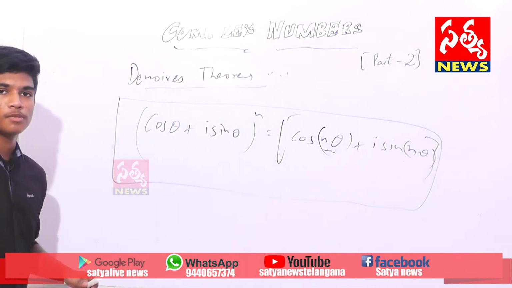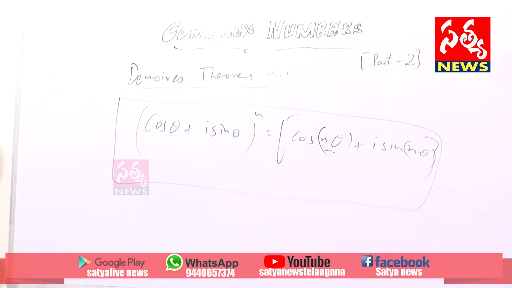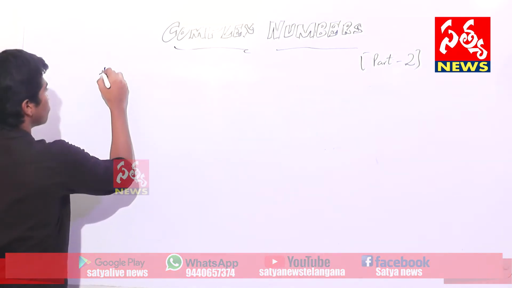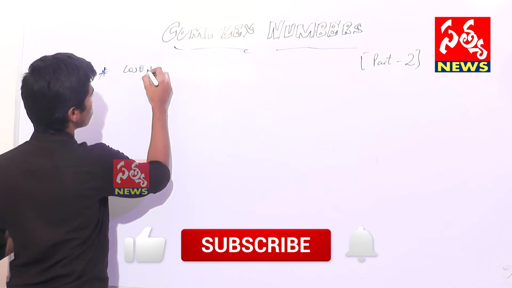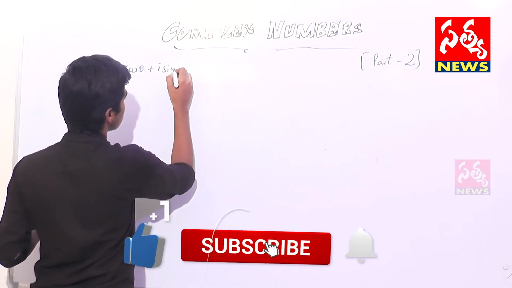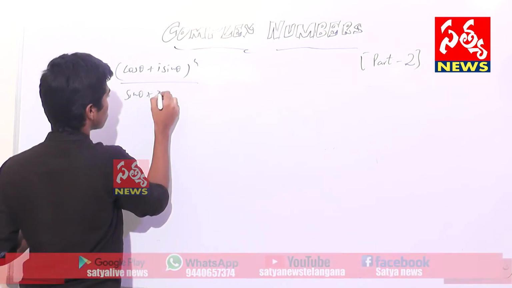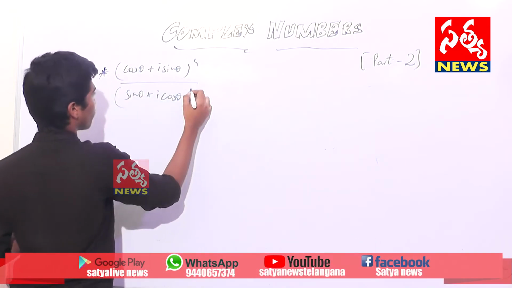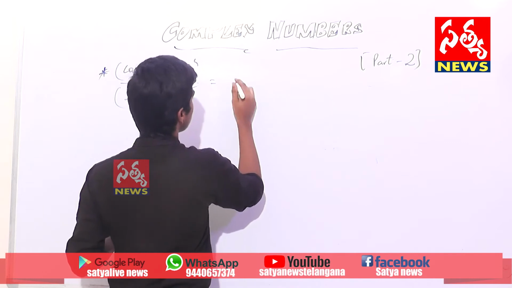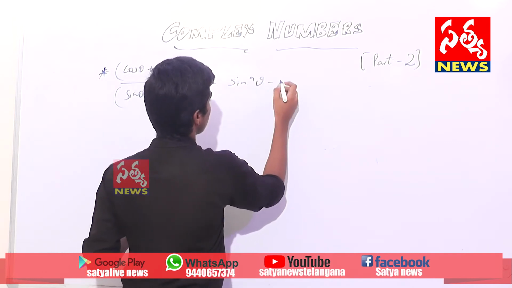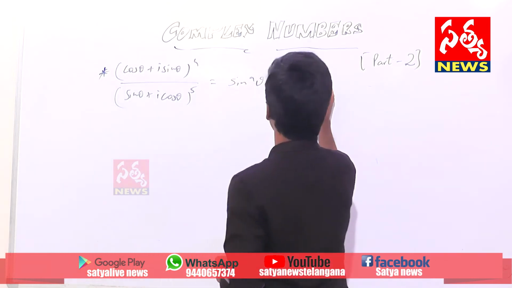Let's discuss some problems based on this theorem. Now let's discuss the problem. (cos theta plus i sin theta) whole power 4 by (sin theta plus i cos theta) whole power 5 is equal to sin 9 theta minus i cos 9 theta.